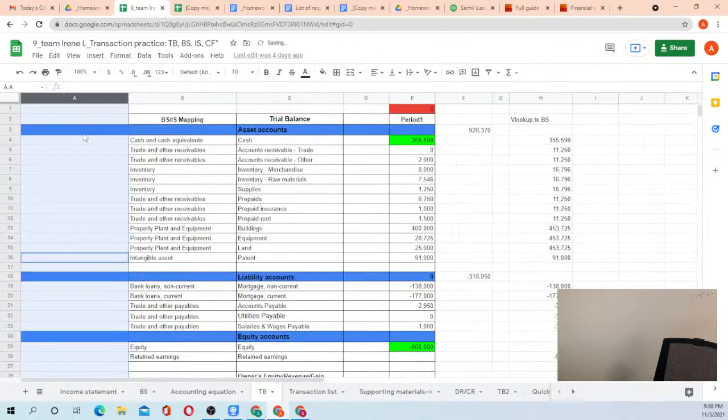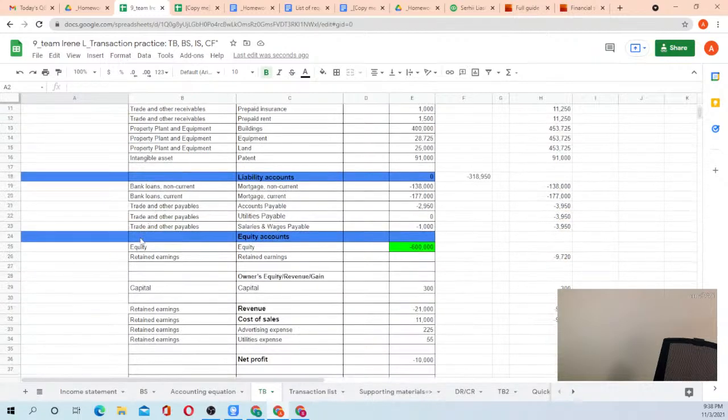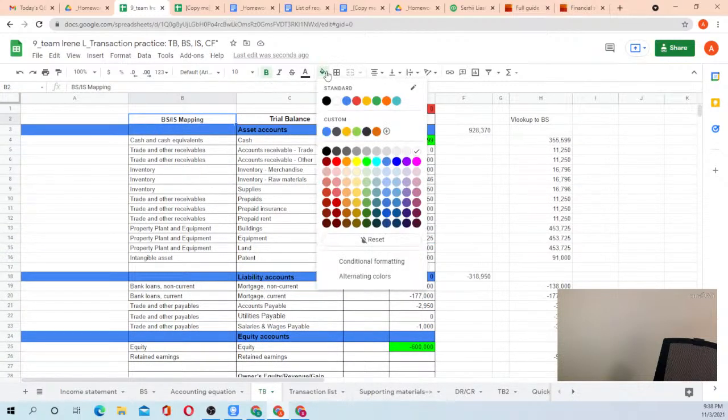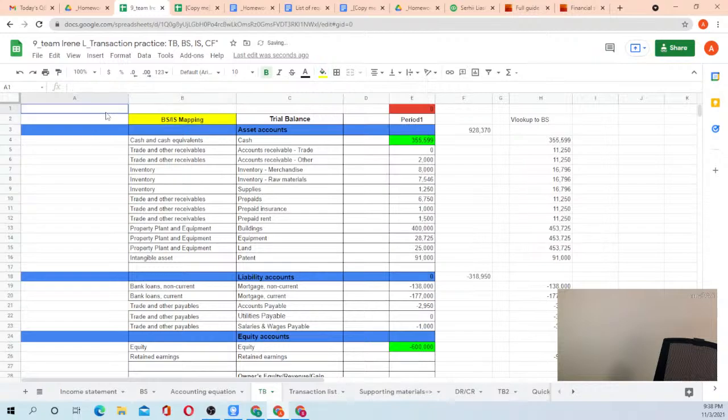Okay. So here is a file of Irene. You cannot have balance sheet and income statement in the same column. You have to have the income statement mapping separately.